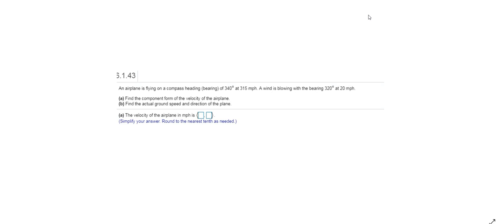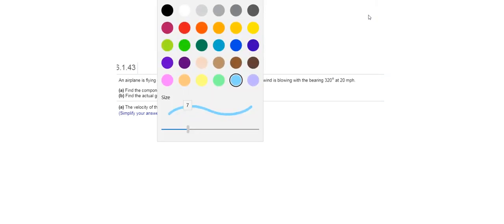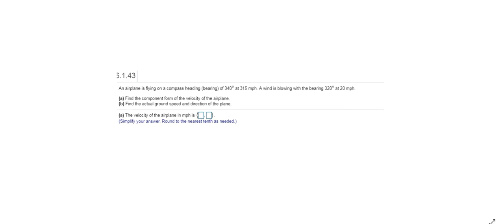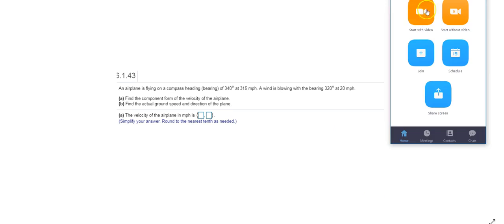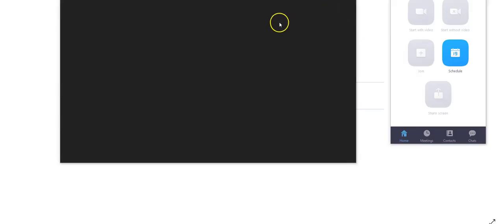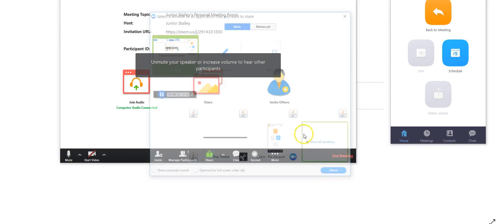Let's get the draw tool, shrink that down, go with red. Why isn't it drawing? What am I doing wrong here? All right, well, we're going to abandon that. You're not going to trick us.